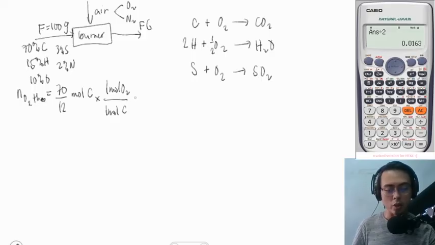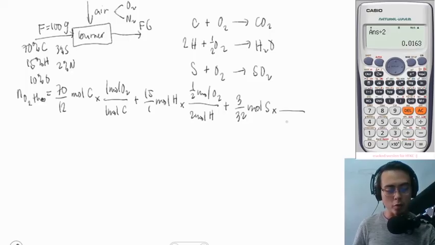Plus hydrogen, you have 15/1, this is moles of hydrogen, times for every 2 moles of H, there is 1/2 mole of O2. Next, sulfur, plus 3/32 moles sulfur. For every 1 mole of sulfur, there is 1 mole of O2.